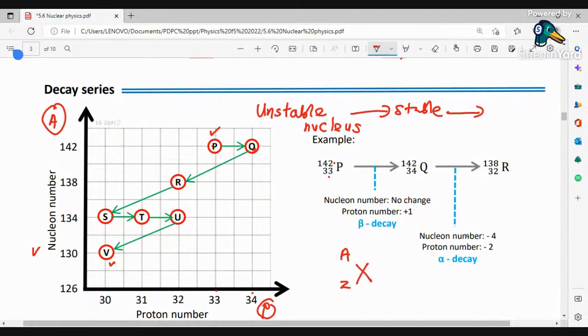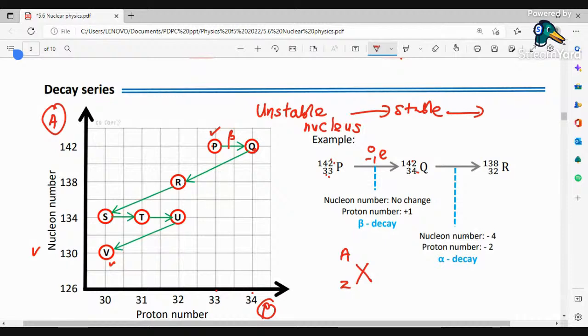Okay, you look at the proton number and nuclear number. No change in nuclear number. Okay, the proton number increase by 1. Kalau increase by 1, maksudnya ialah 1 beta release out. Jadi untuk sini kita ada beta decay. P kepada Q ialah beta decay.